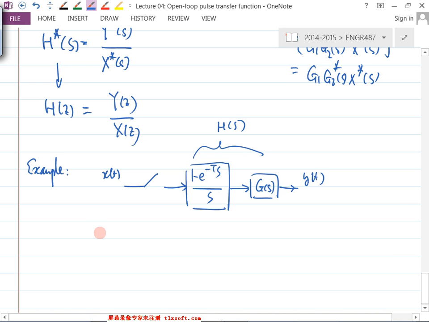Okay. So what is h of s first of all? Which is what? This times this. Right? This times this. And we can do a little bit of simplification in here, just to rewrite this.